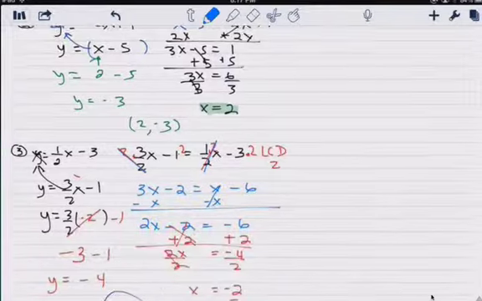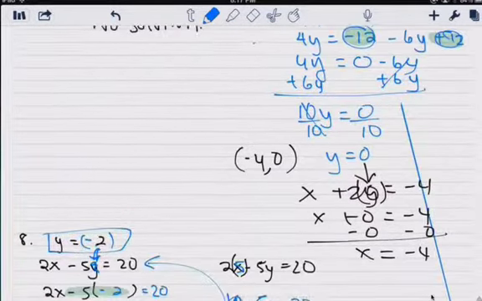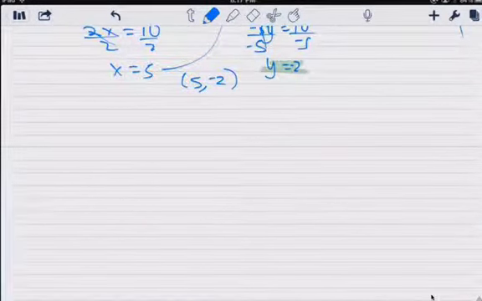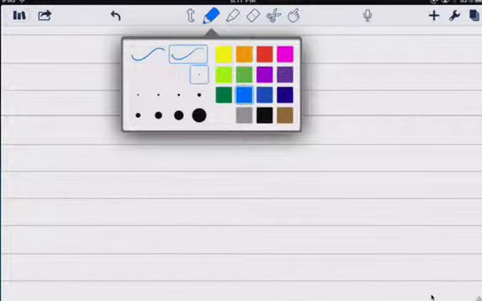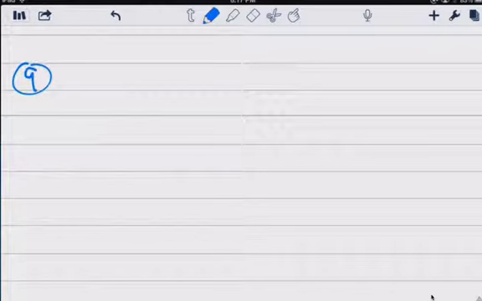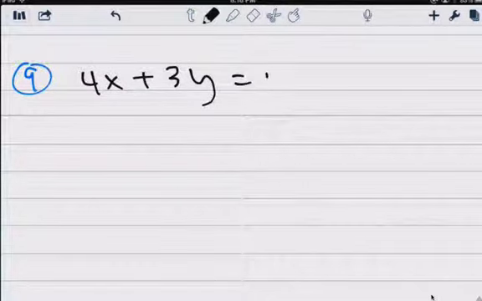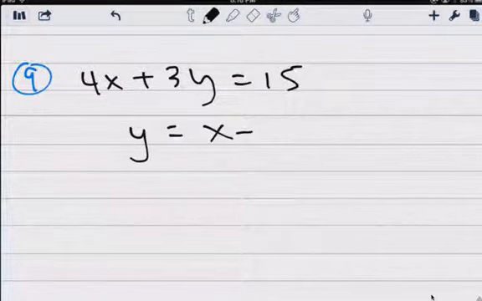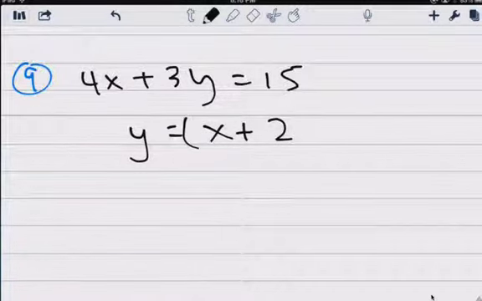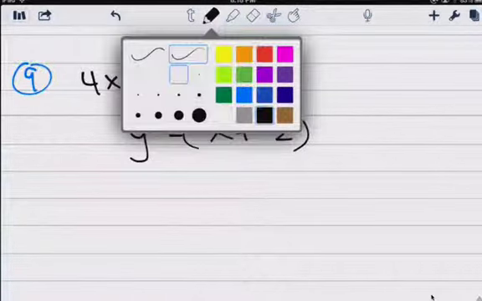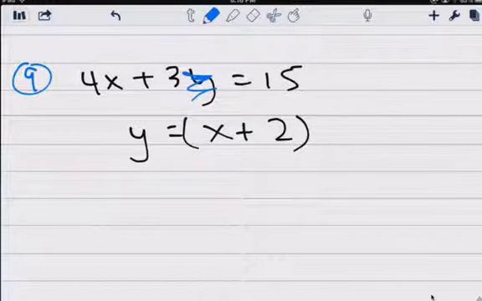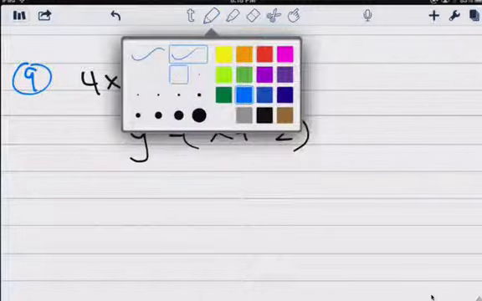Okay, and then number 9, last problem. Number 9 is 4x plus 3y equals 15, and y equals x plus 2. Okay, this one. So eliminate this. Substitute that into there.